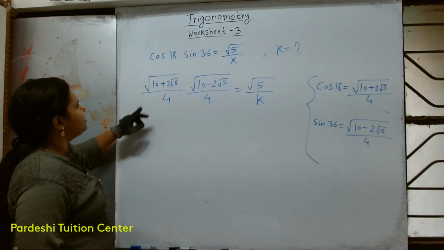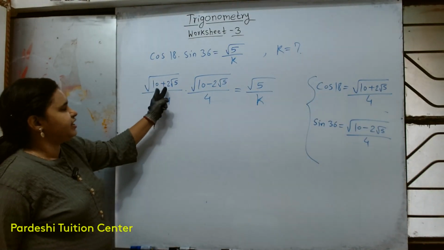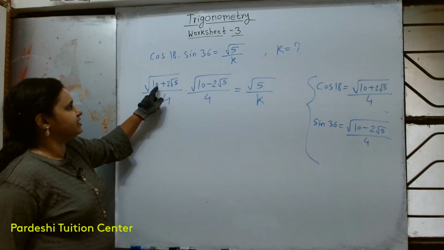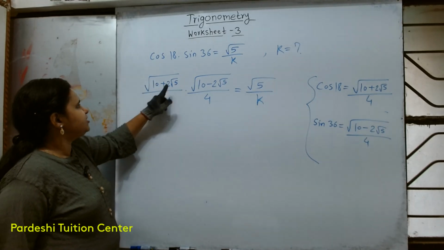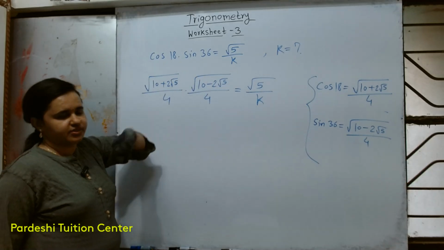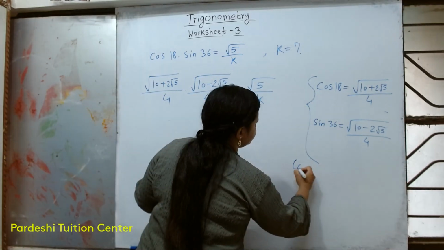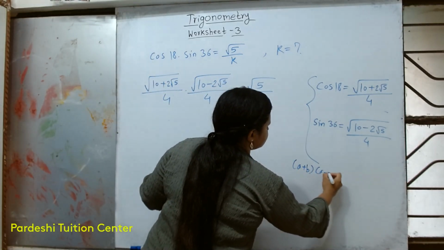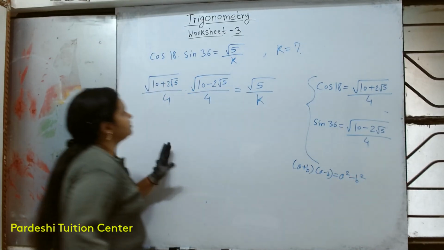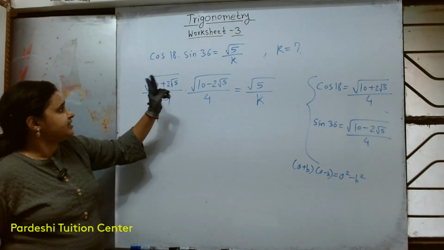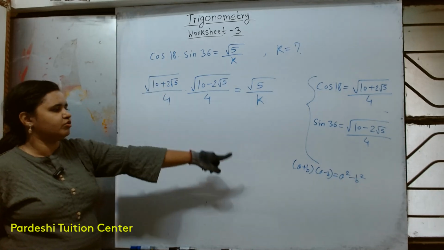Now see, here it is a plus b. If you take 10 as a and 2 root 5 as b, it is the formula of a plus b, a minus b, which is a square minus b square. We write the square root as it is, because there was no square root to remove.